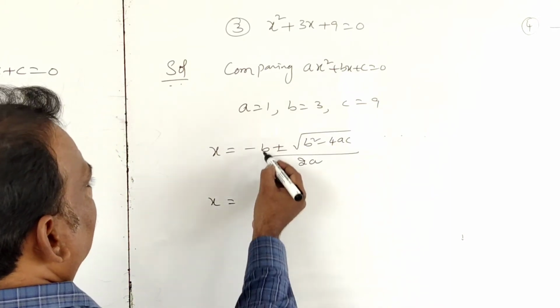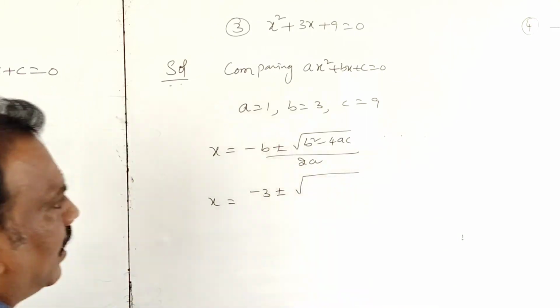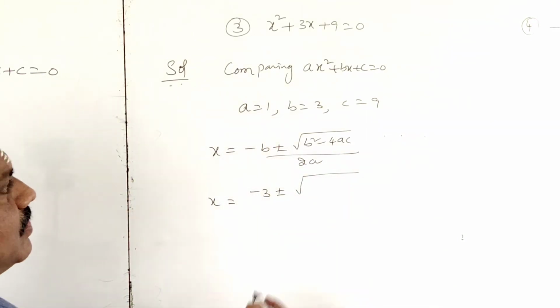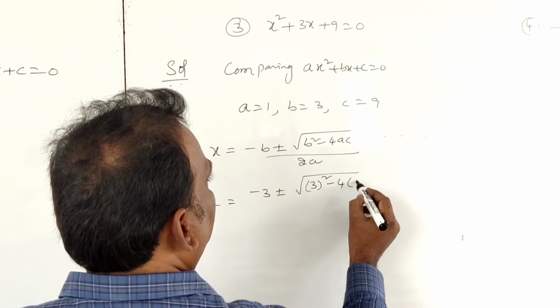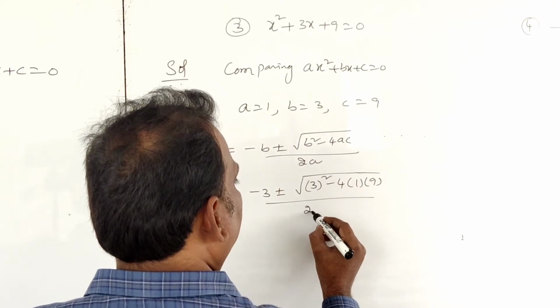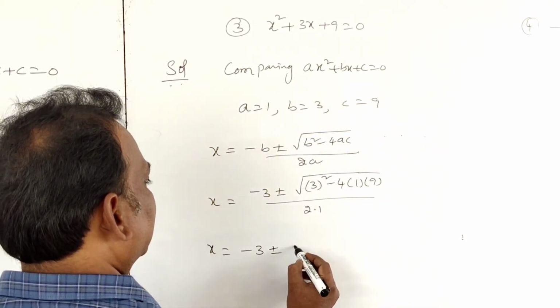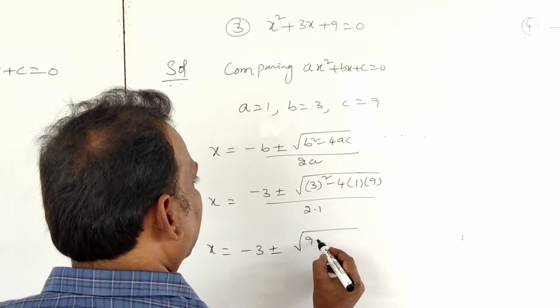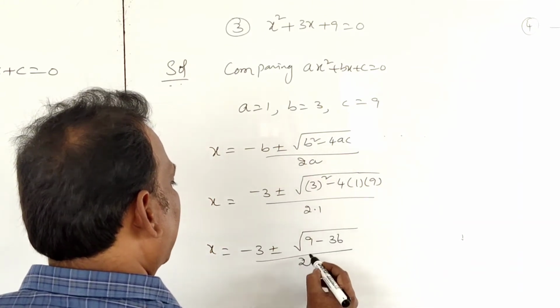So x is equal to minus b means minus 3 plus or minus under root we have b square value 3 square minus 4 into 1 into 9 upon 2 into 1. So x is equal to minus 3 plus or minus under root 9 minus 4 nines are 36 upon 2.